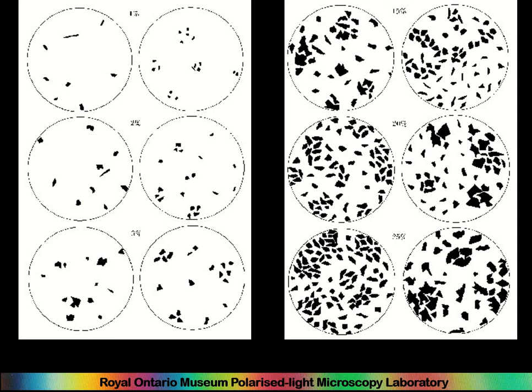So I used to do what is known as point counting when I worked in the geology department at the ROM, in which you count 1,000 grains in a thin section. This was of granitic rocks up in the Canadian Shield, and so in measuring the abundance, you count 1,000 grains and work out the abundance of each one.